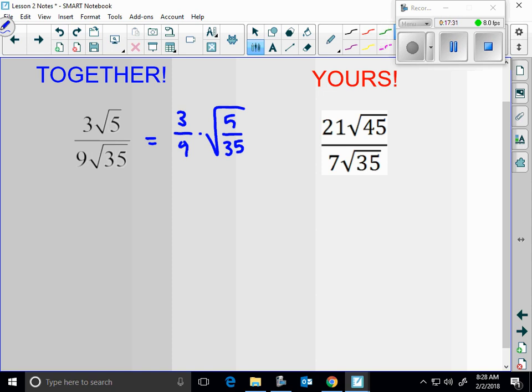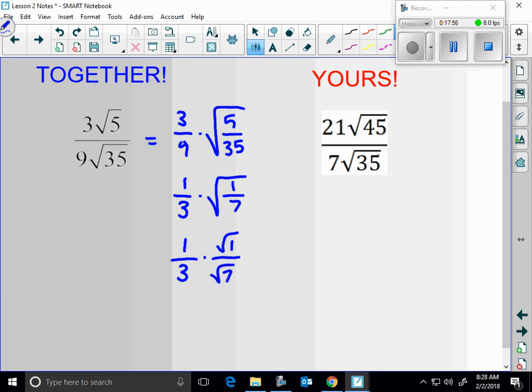Okay. So what is 3 over 9 reduced to? 1/3. Good. And what would 5 over 35 reduce to? 1 over 7, right? So what I can do is then I can reduce these radicals if I can. What would be the square root of 1? 1, right?